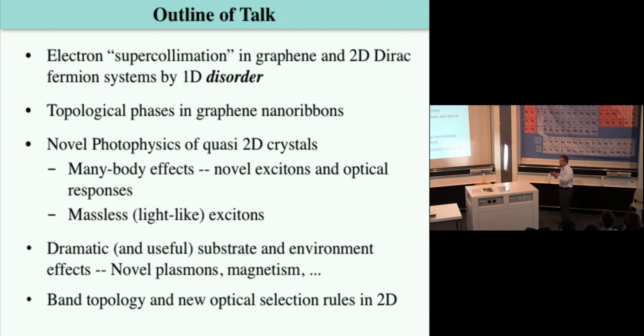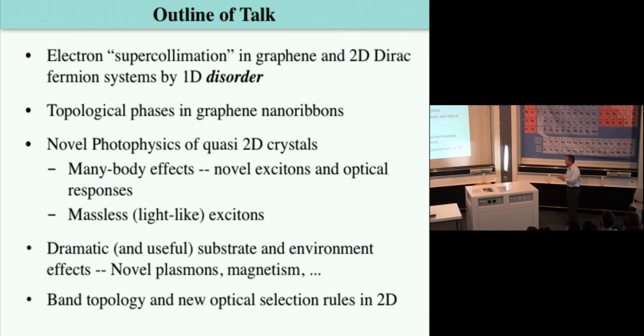Because 2D materials are so thin, environment and substrate effects turn out to be very important in affecting their properties. They could change the optical response and also other responses in the system, such as plasmons and magnetism. So I will talk about that a bit.